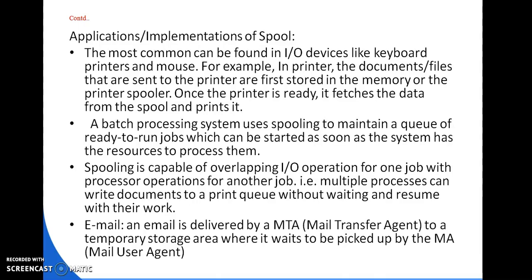Once the printer is ready, it fetches the data from the spool and prints it. That is the application. A batch processing system uses spooling to maintain a queue of ready to run jobs which can be started as soon as the system has the resources to process them.